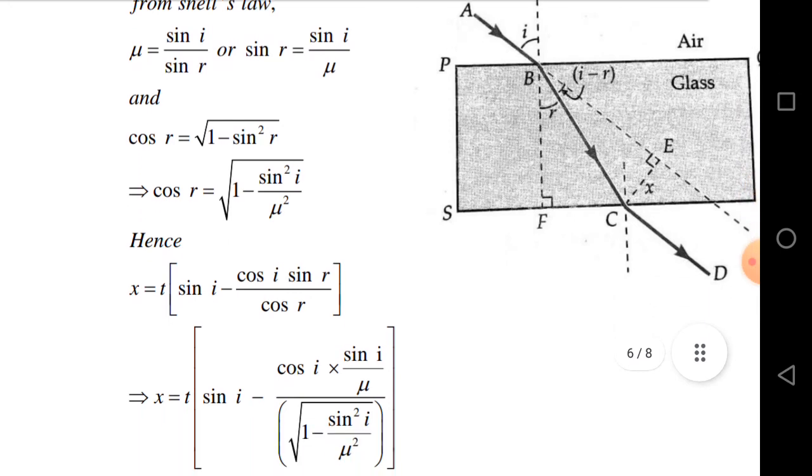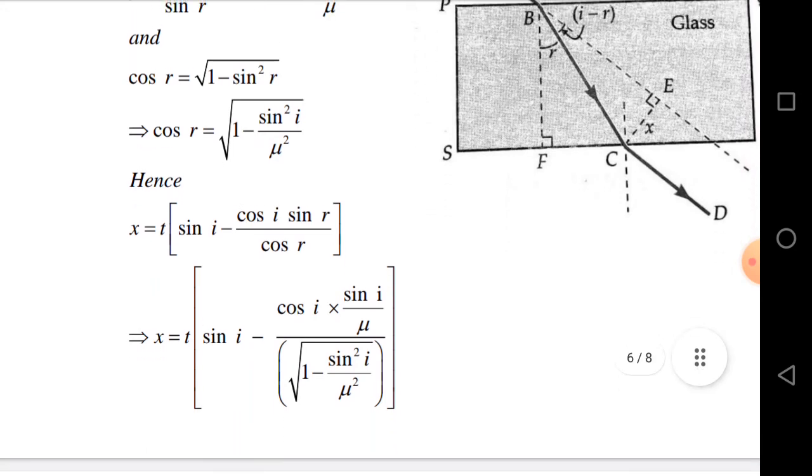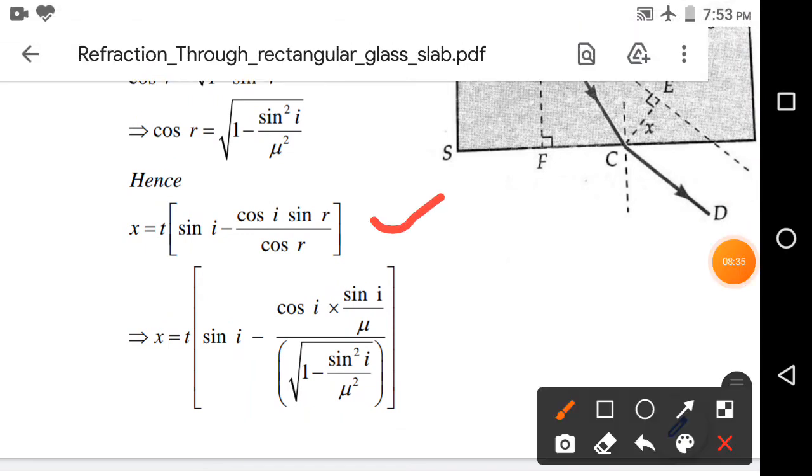Then we have X equals T into (sin i minus cos i sin r by cos r). Put the values of sin r and cos r in this equation. Then we get X equals T into (sin i minus cos i into (sin i by mu) by root of 1 minus sin square i by mu square).